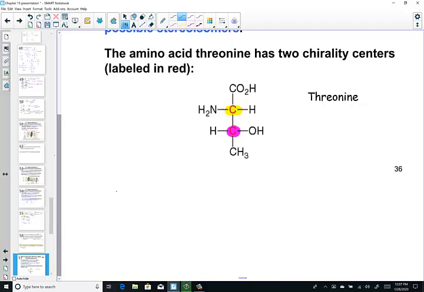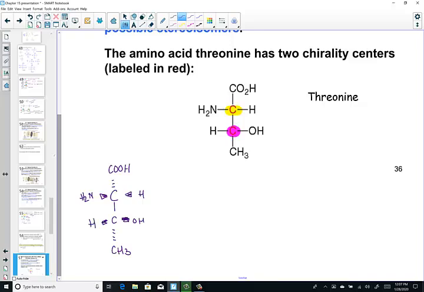I'm going to redraw this just as it appears on your page. We have a COOH leading to a carbon, leading down to a methyl. And remember here, what we have are dashes and wedges. So I have an OH and an H. Here's the NH2 and the hydrogen.